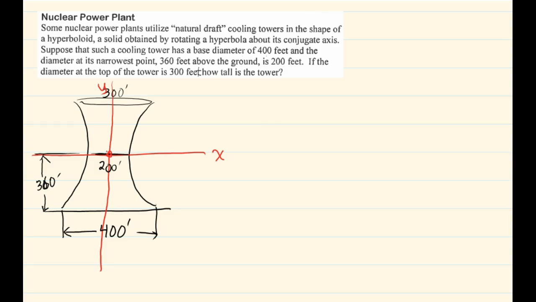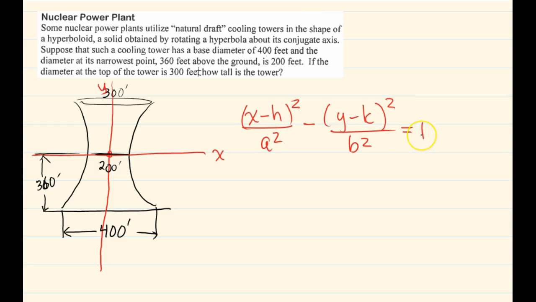Our equation horizontally is going to be x minus h squared over a squared minus y minus k squared over b squared is equal to 1. That's the equation we're going to use because we have a hyperbola in the horizontal direction. With our center at 0, this becomes x squared over a squared minus y squared over b squared is equal to 1.